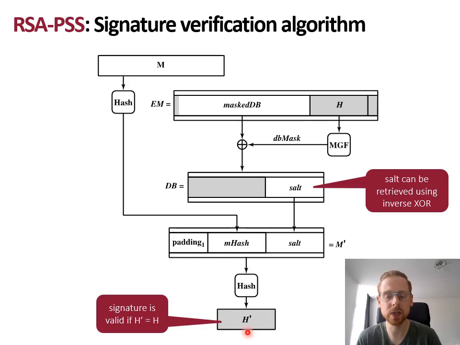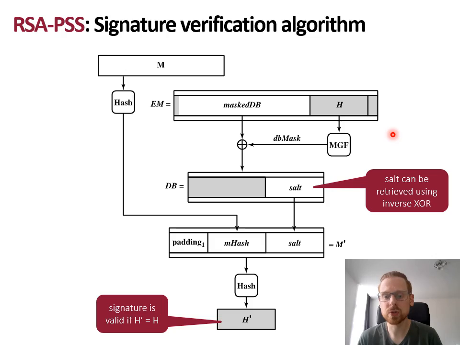This hash value will be H dash, and the signature is valid if this H dash equals H. So this process allows the receiver to calculate the signature value H dash without actually having to separately receive the salt value, which is incorporated into the signature already.